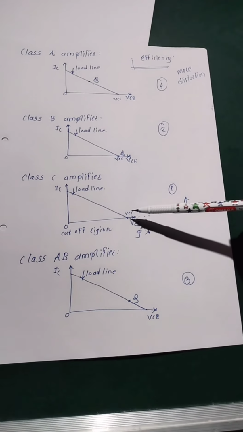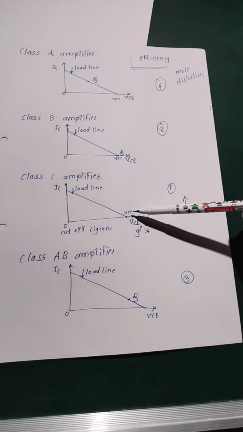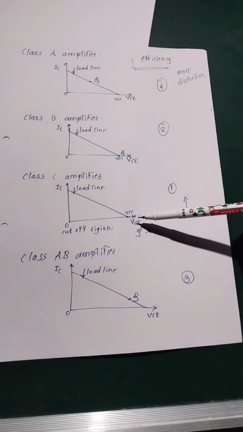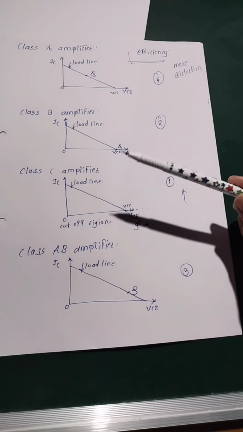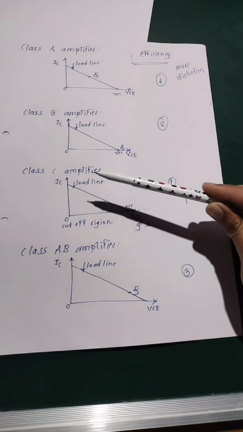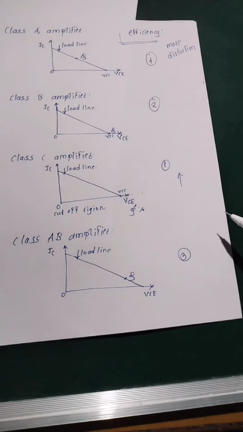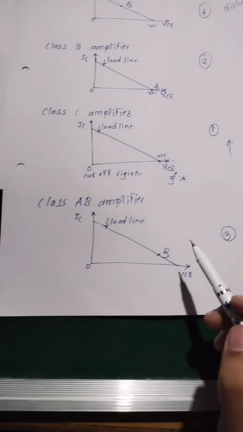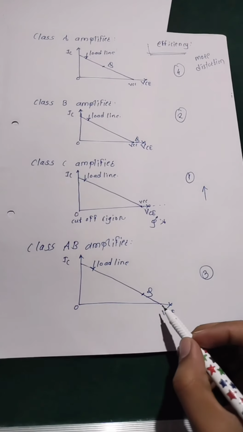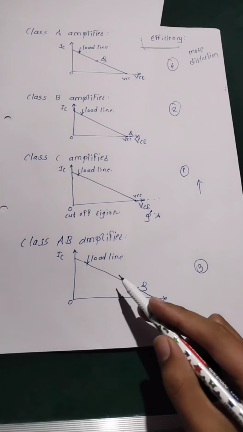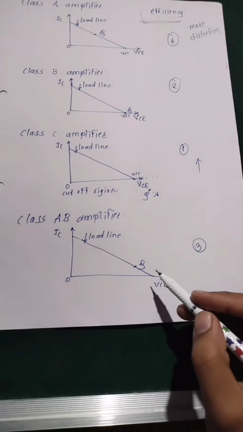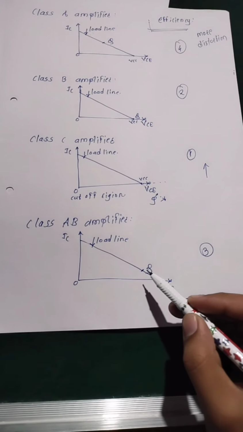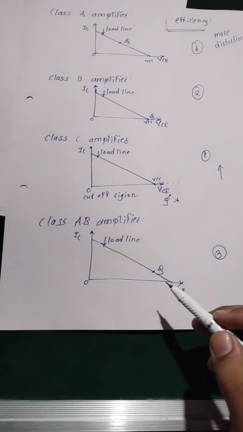Then again, when the position of the Q point is below the cutoff point, then the amplifier is known as a class C power amplifier. And when the Q point is present in between the middle and the x-axis, then the power amplifier is known as a class AB power amplifier.